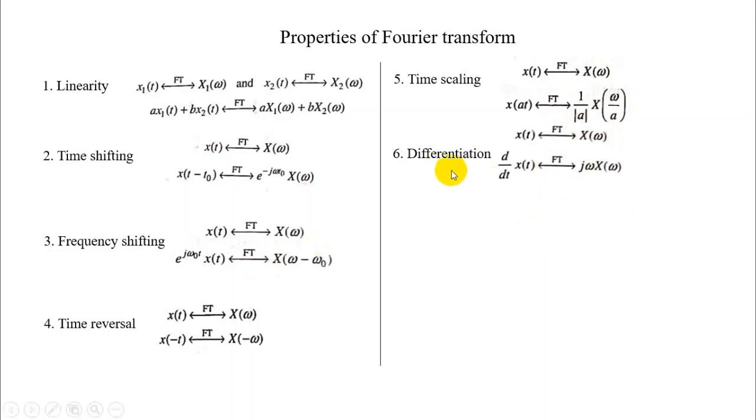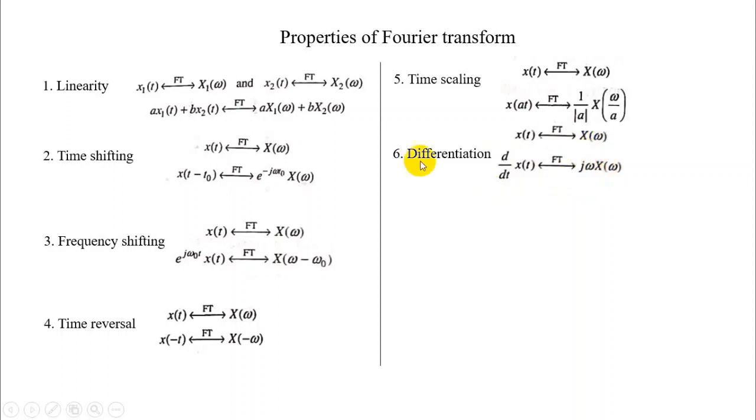Another important property of the Fourier transform is differentiation. If you have a known Fourier transform from x(t) to X(omega), and you have to determine the Fourier transform of the differentiated x(t), then you just multiply X(omega) by j omega.